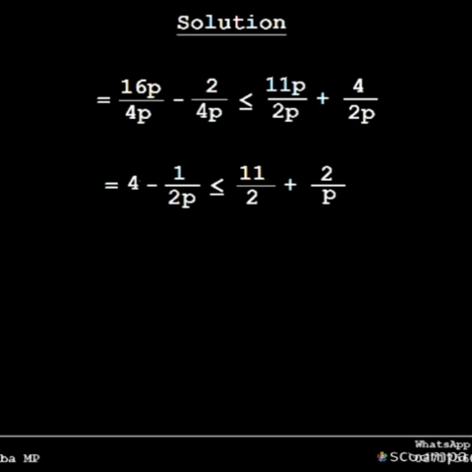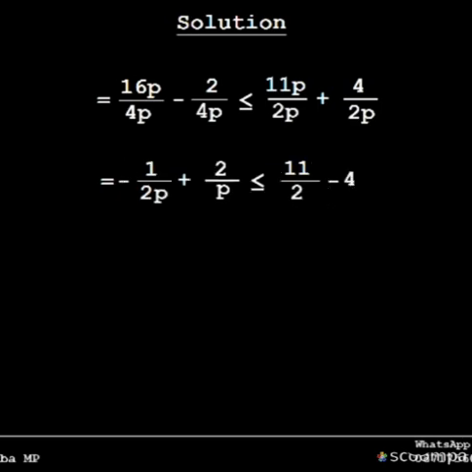Shall we move the constant numbers to the right-hand side and move the terms with p to the left-hand side? Yes, we should. Then we will have the next step as minus 1 over 2p, minus 2 over p is less than or equal to 11 over 2 minus 4.